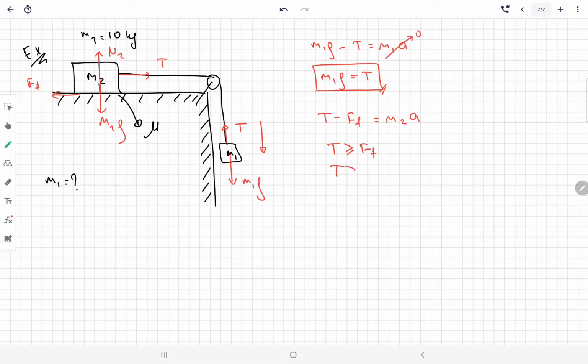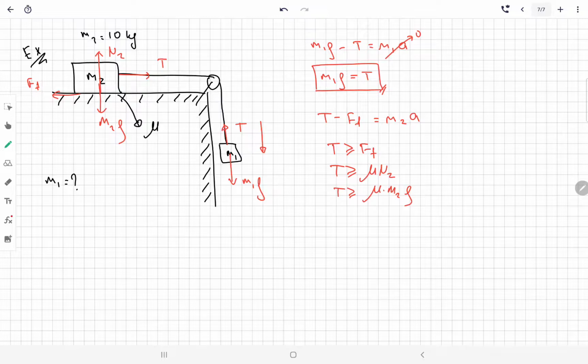So tension should be at least equal to or greater than the maximum value of friction force, which is coefficient of friction times reaction force. And this reaction force equals M2G for this problem, because upward we have reaction force, downward we have a weight, and it cannot move upward or downward, so reaction force equals weight.